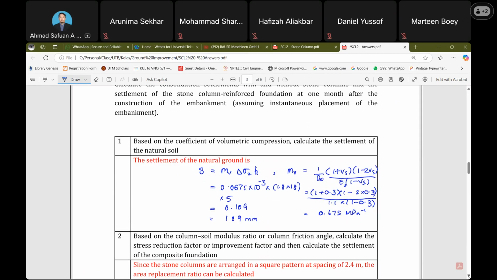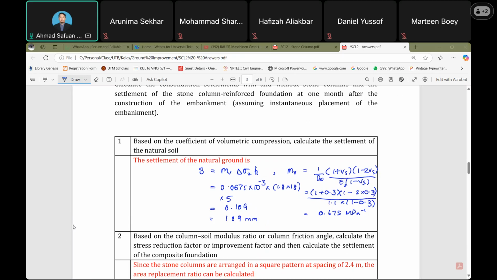Before that, we need to calculate mv. Based on the equation, look on the slide.